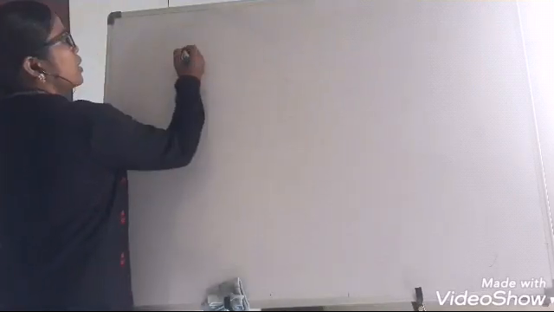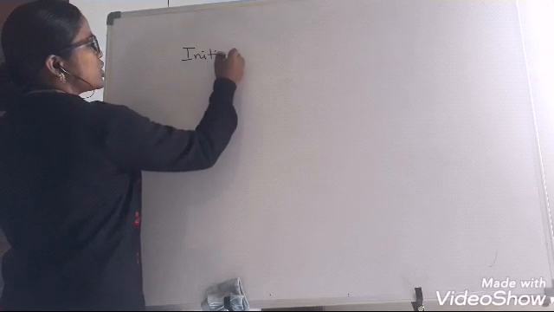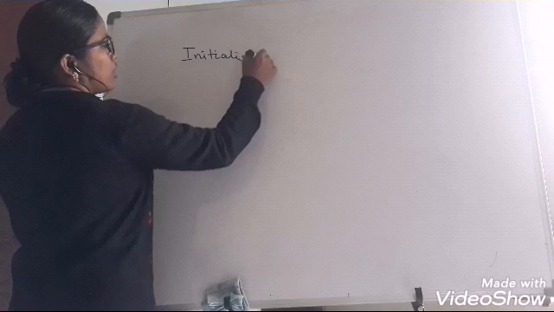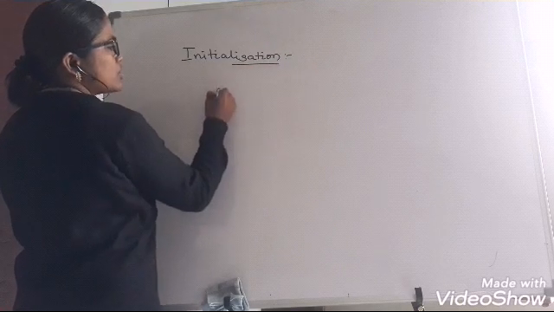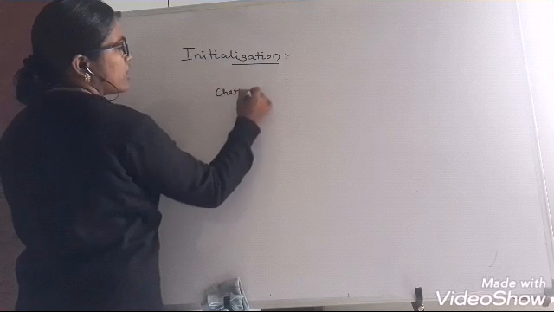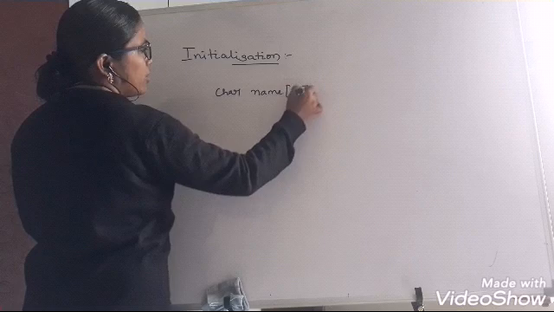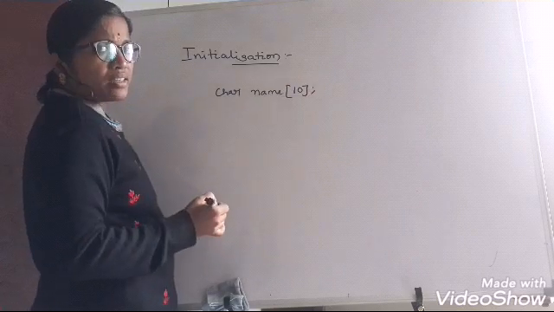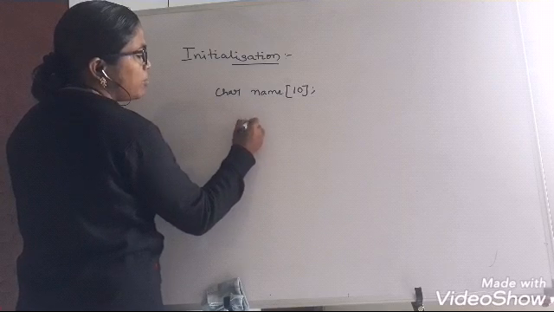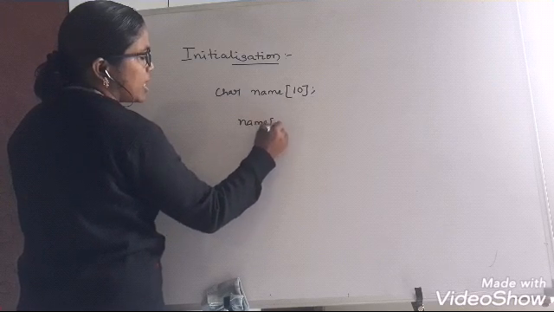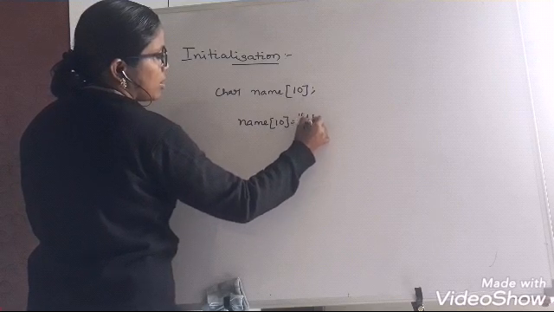So, next comes the question of initialization. Suppose I write char name of 10. So it allows characters up to 10 characters. So my name can be initialized as "hello".